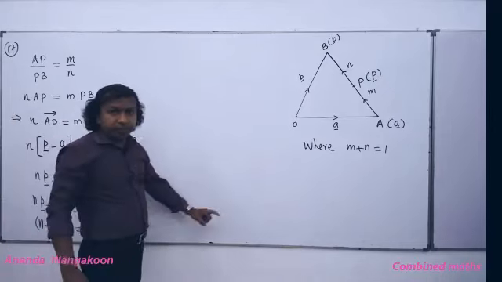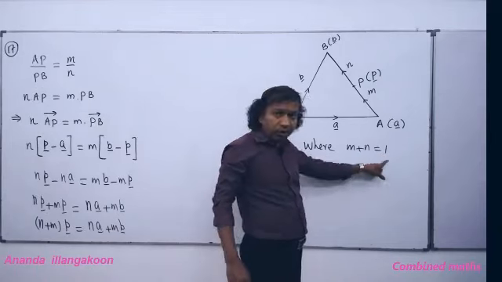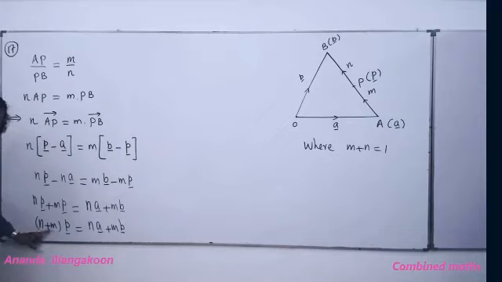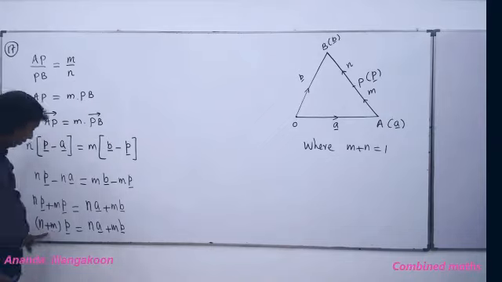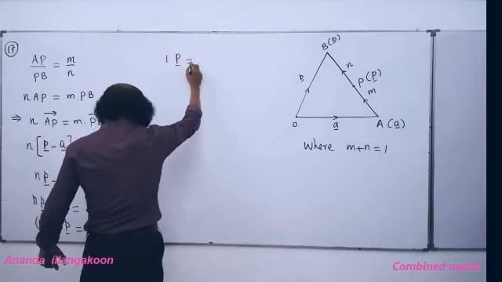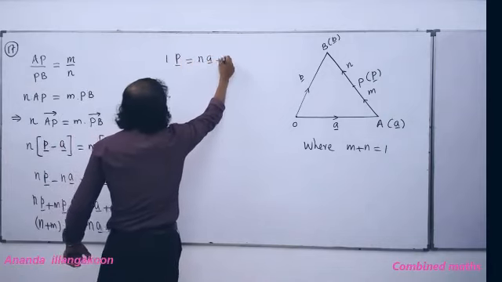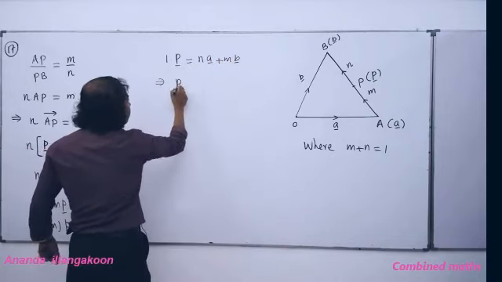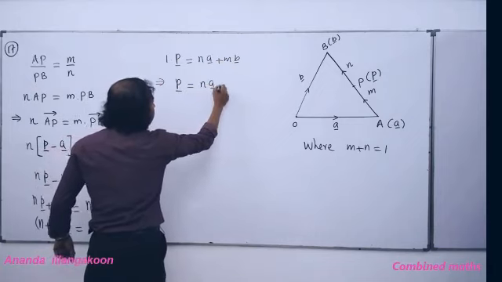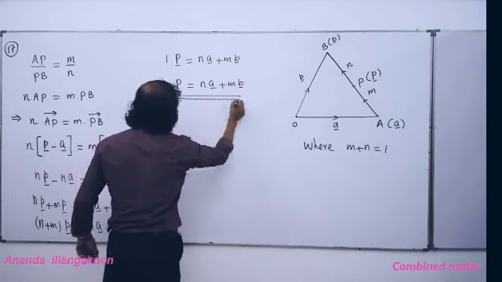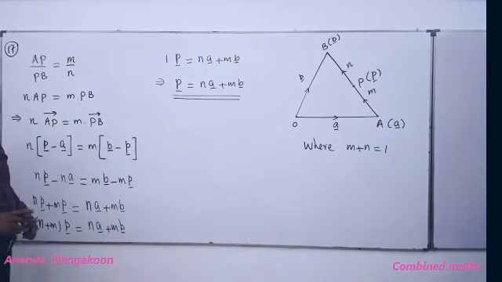M plus N is given as 1. Then I can put N plus M as 1. It is nothing but 1 times P vector is equal to Na plus Mb. This implies 1 times P vector means simple P vector, Na plus Mb. We get that first answer. That is okay.